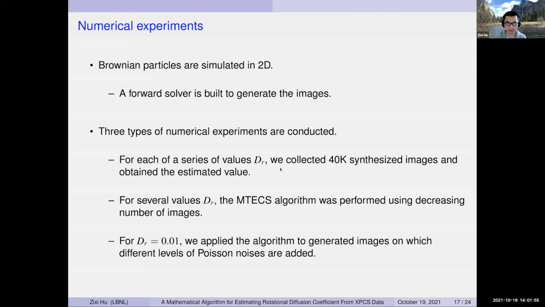In the second type of experiment, we selected several values of DR and tried the algorithm using a smaller number of images to see the behavior of the algorithm. In the third type of experiment, we add different levels of photon noise to all the simulated images to test the robustness of our algorithm against such noise.